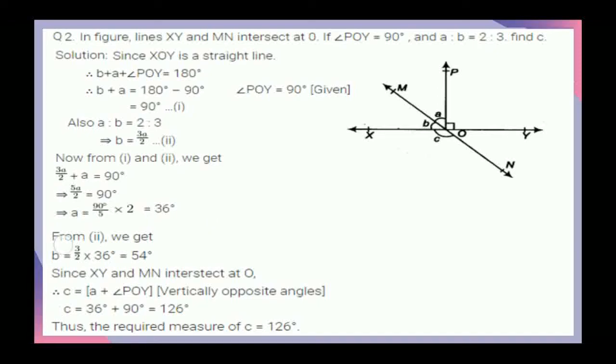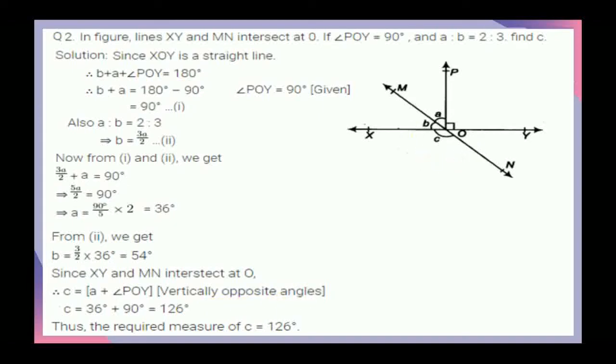And now from equation second, b is equal to 3a upon 2. Now we are putting 36 in place of a, so 3 upon 2 into 36 is equal to 54. Since XY and MN intersect at O, c is equal to a plus angle POY, vertically opposite angle.